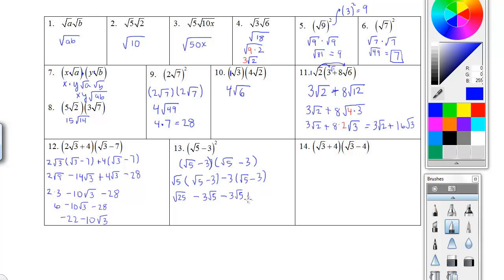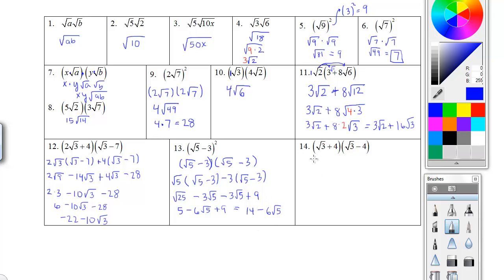And negative 3 times negative 3 is positive 9. So root 25 is 5. And those combine to make negative 6 root 5 plus 9. 5 plus 9 is 14 minus 6 root 5.